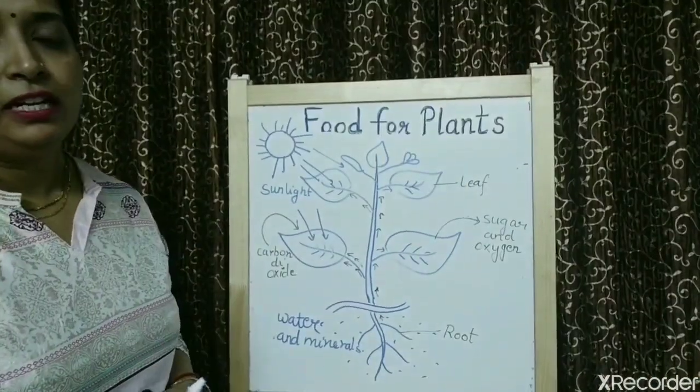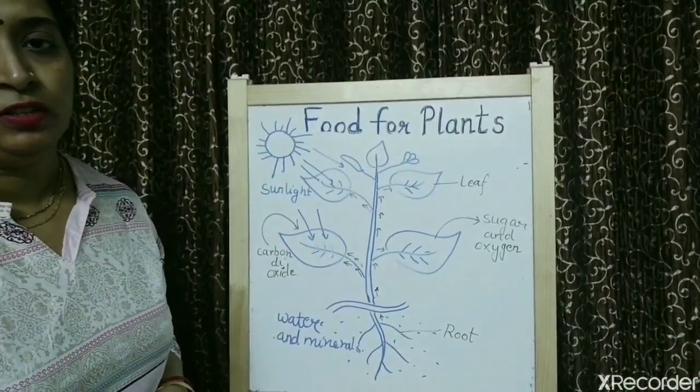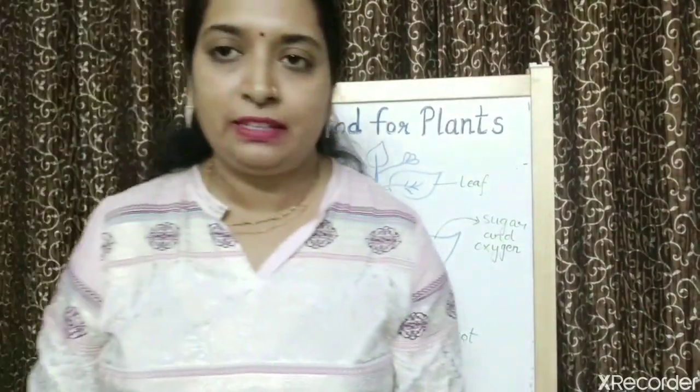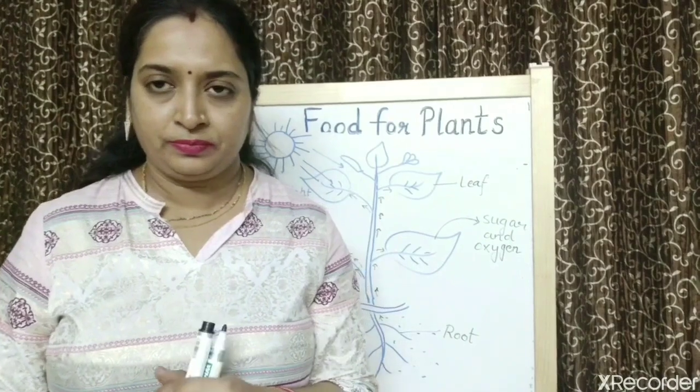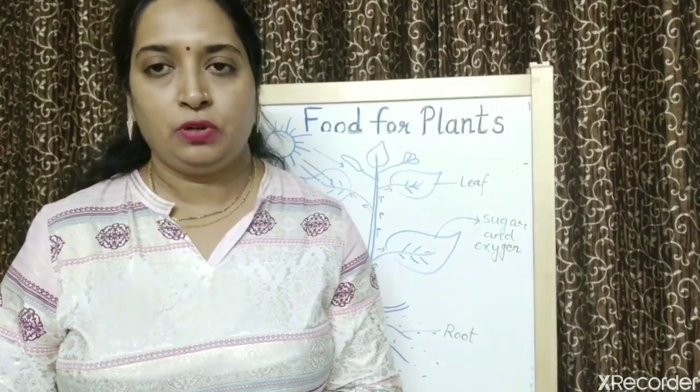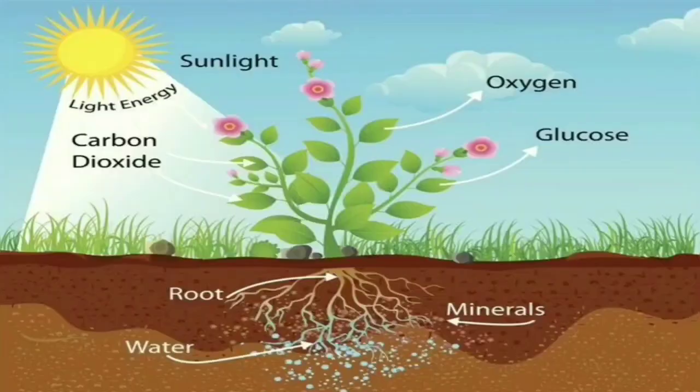So this was the diagram of photosynthesis. Hope children you will practice the diagram of photosynthesis and leaf in your home. Right? So this was all about photosynthesis. Here you can see a picture showing photosynthesis. Sunlight is coming from sun and it is falling on the leaves.